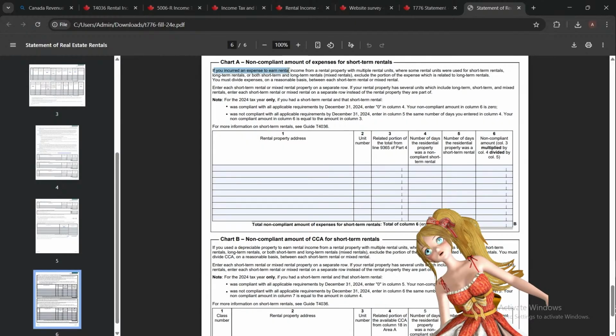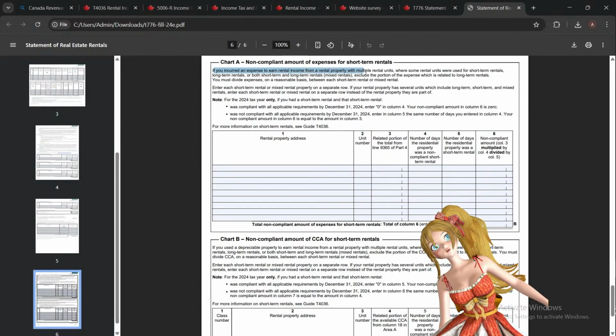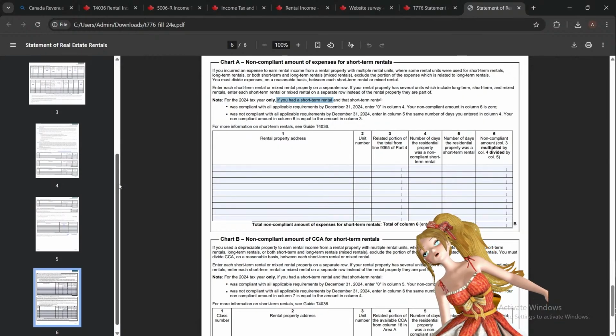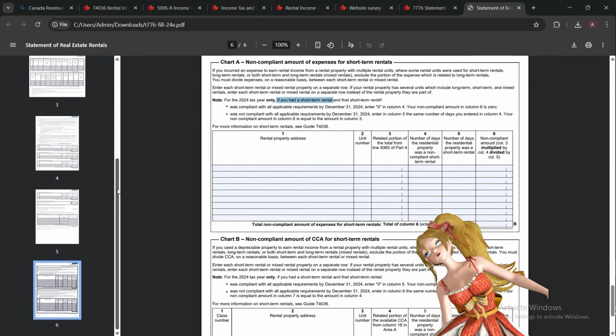If you incurred an expense to earn rental income, exclude the portion... If the property was non-compliant... I don't get it.